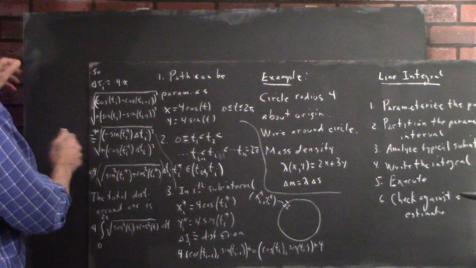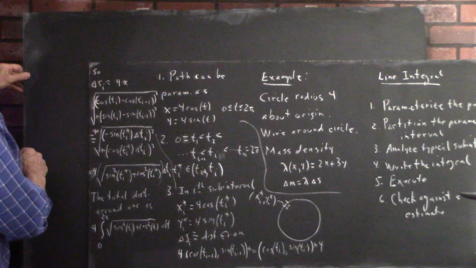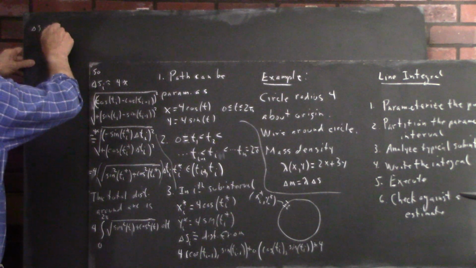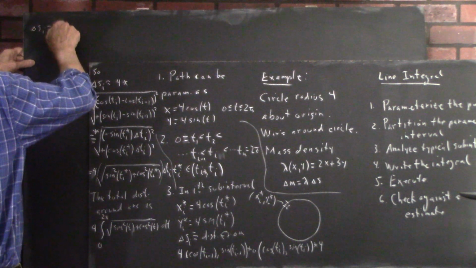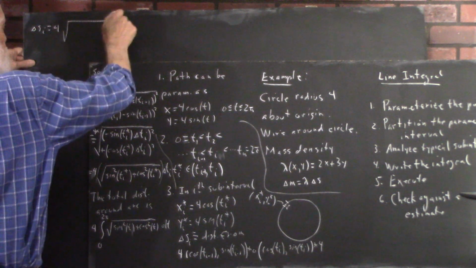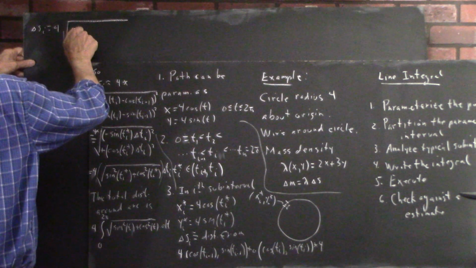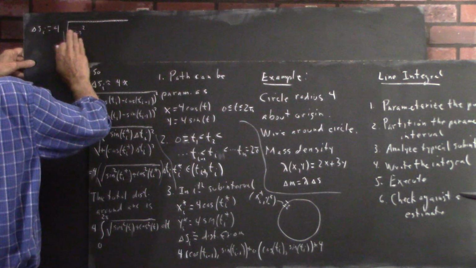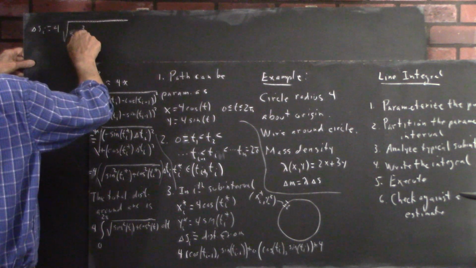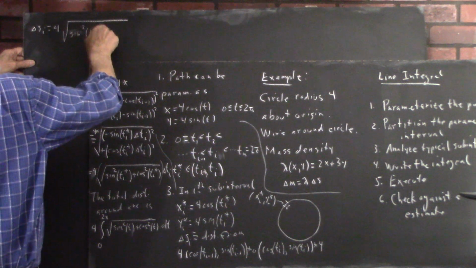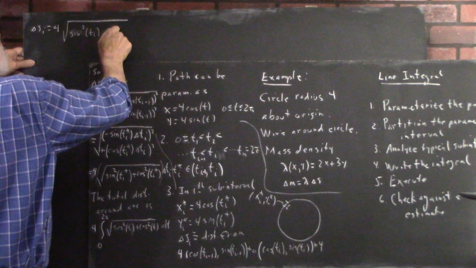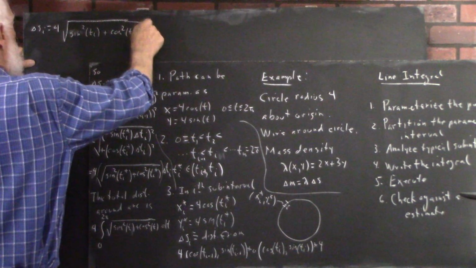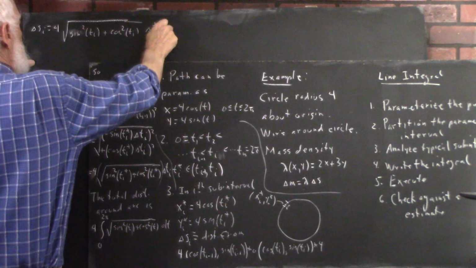Okay, so now delta s_i is 4 times the square root of cosine squared, sine squared at t_i plus the cosine squared evaluated at t_i times delta t_i.